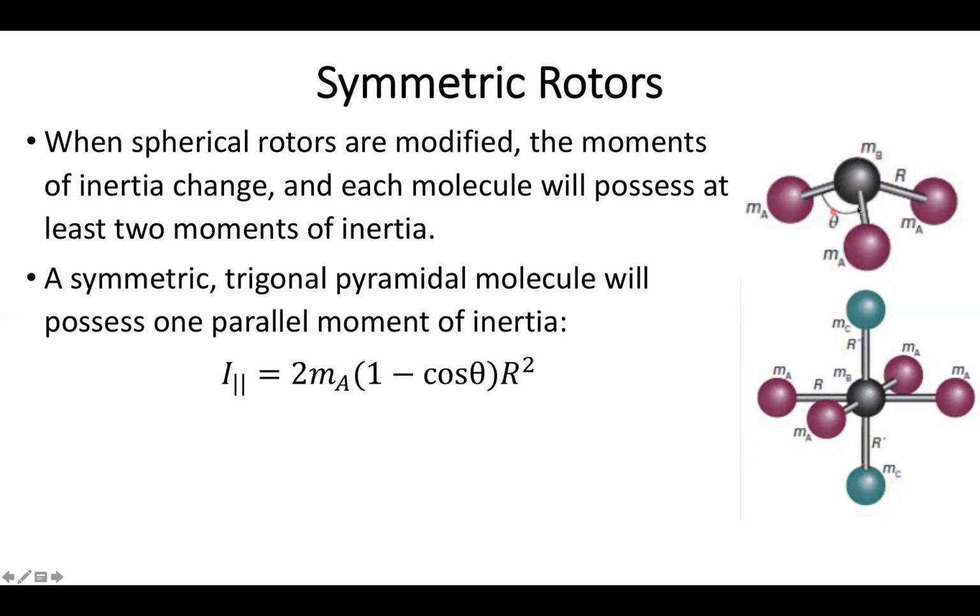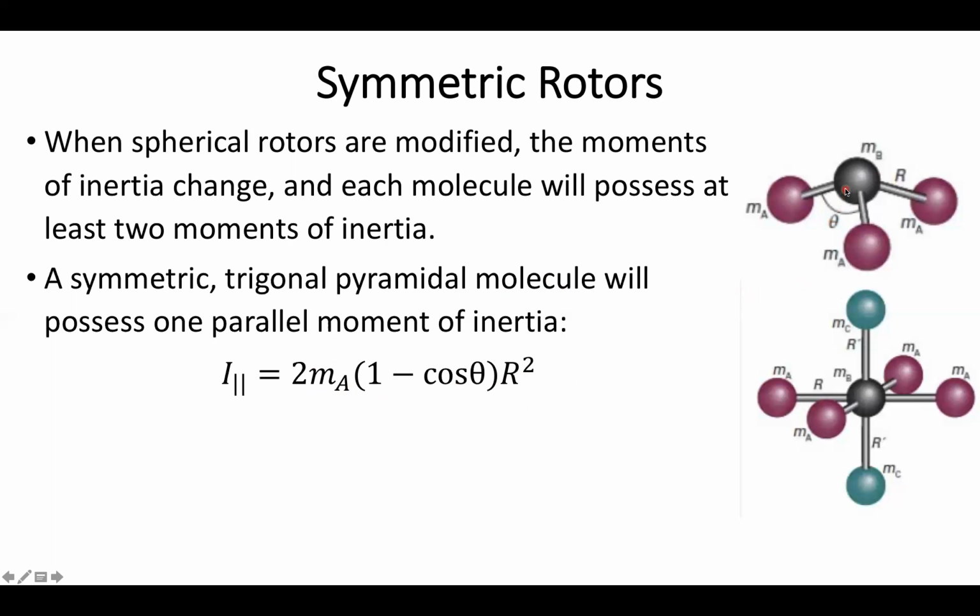So if I have, say, this trigonal pyramidal system, its parallel moment of inertia, which is going to be the moment of inertia that is by itself, so the one that stands out, in this case, the one that goes along the z direction. This one can essentially be given, again, by the mass and the bond length, and then we have to essentially account for the angle.